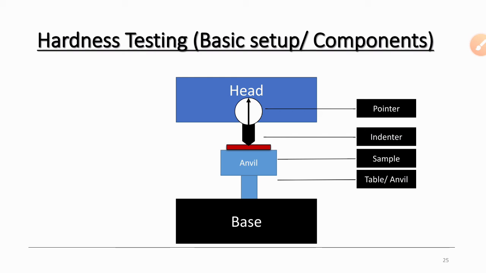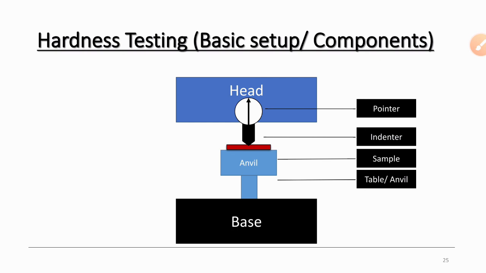By analyzing the indentation depth, size and shape, we can calculate the hardness of this sample specimen. So basically we are adding a minor or major load on a sample specimen, and by analyzing the depth of penetration, or area and size of penetration, we are determining the hardness of the metal or sample specimen.